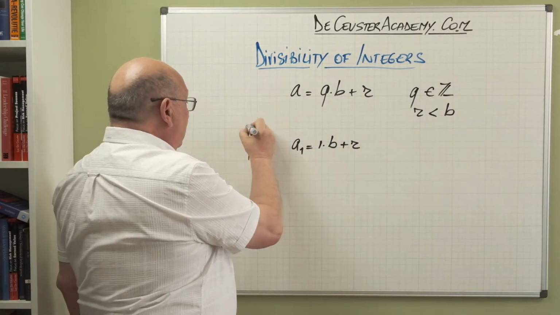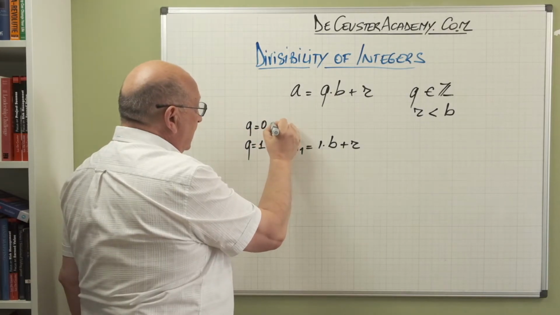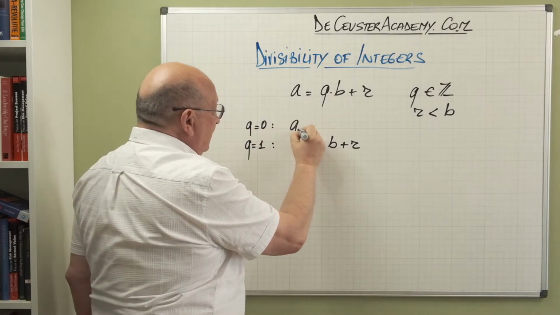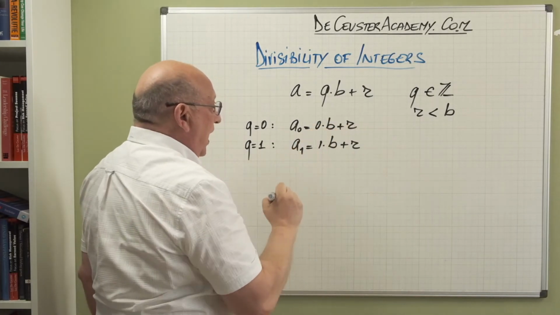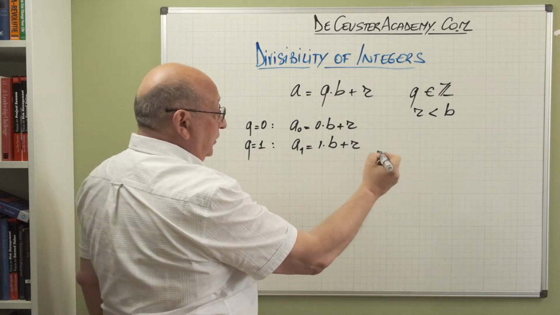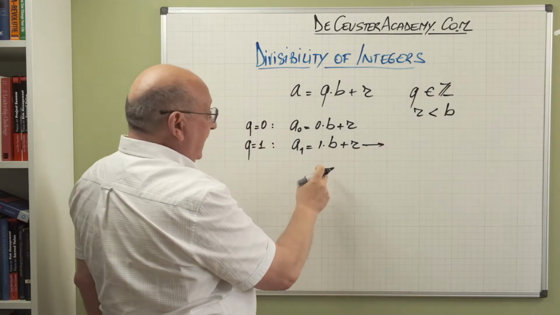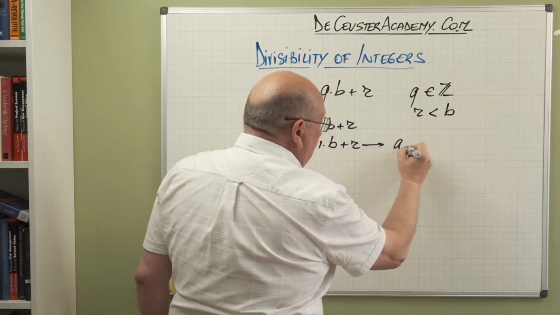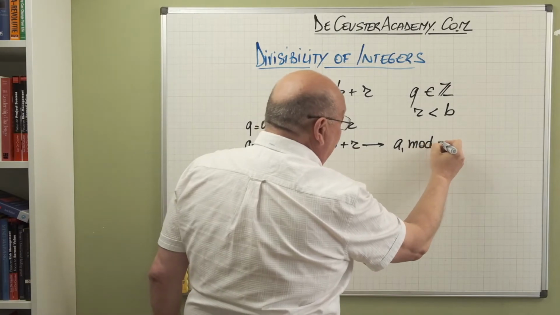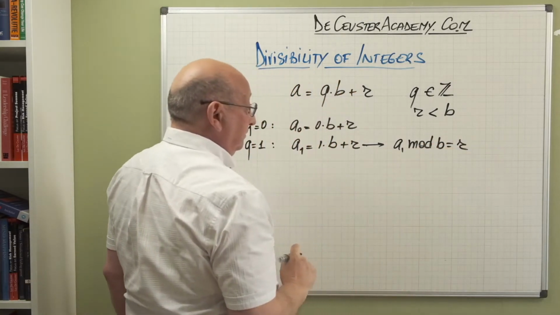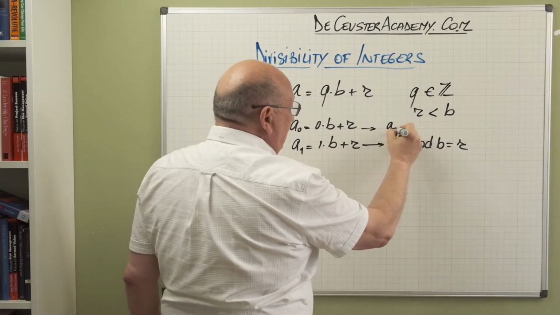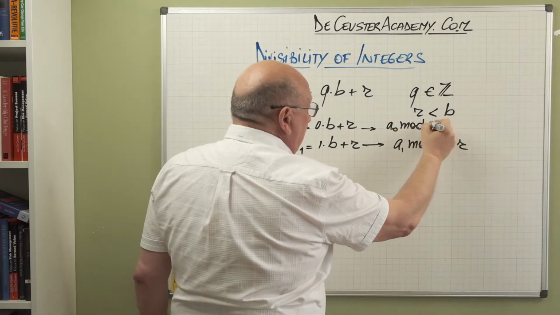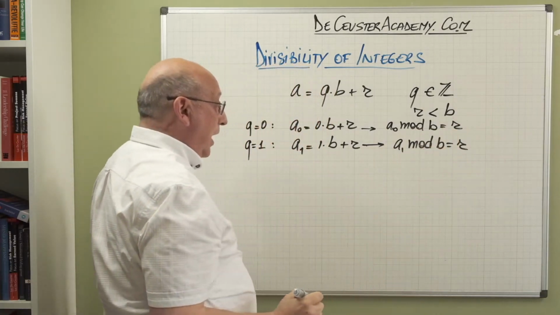Now when q is equal to 0, I can say that a0 is 0 times b plus r. What's important here, we already know that a1 mod b is r, and the same is valid here: a0 mod b is also equal to r.